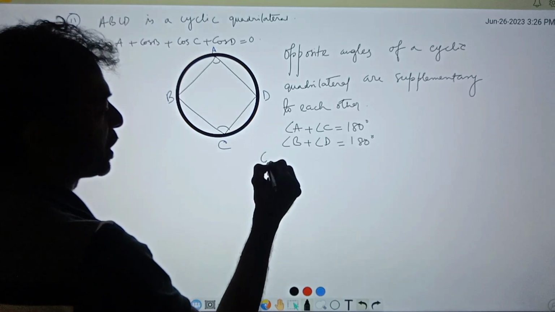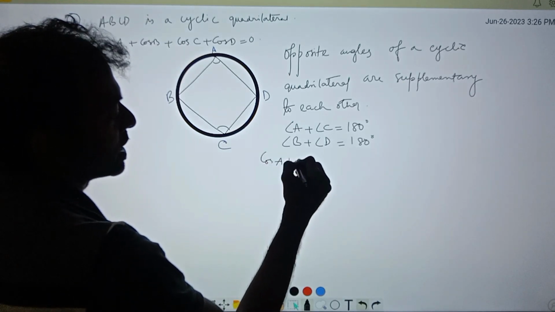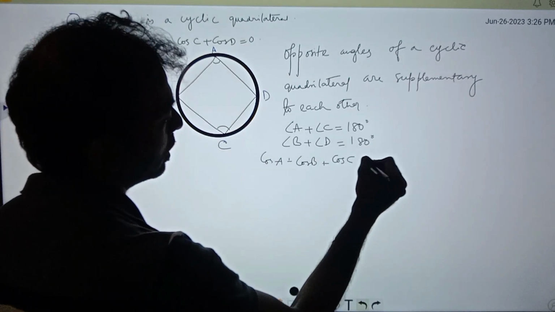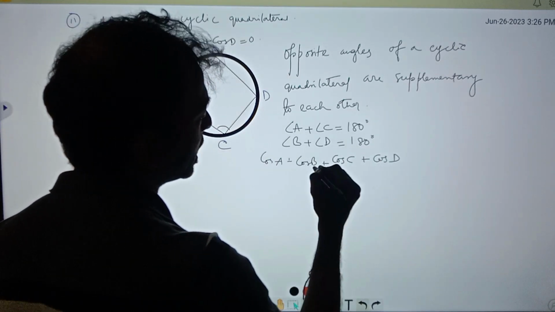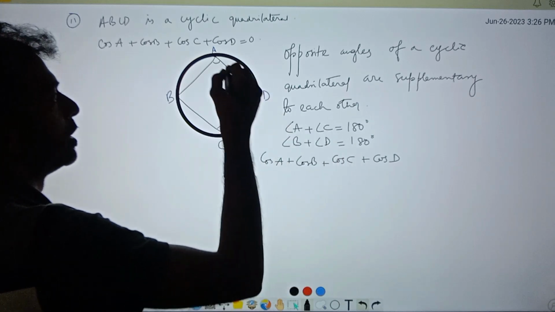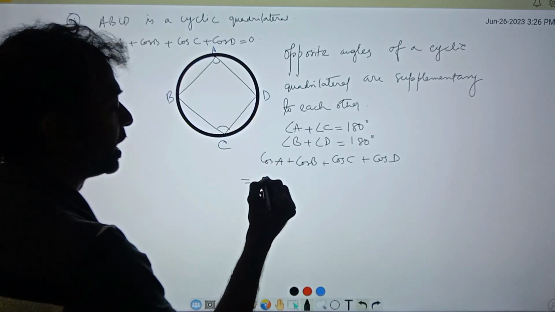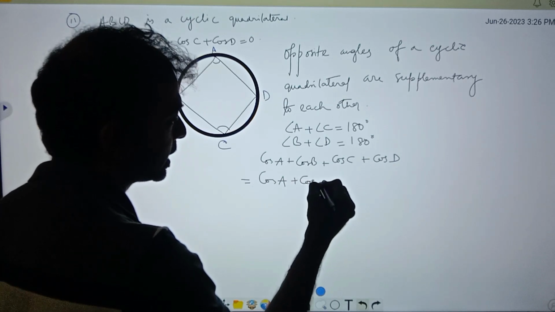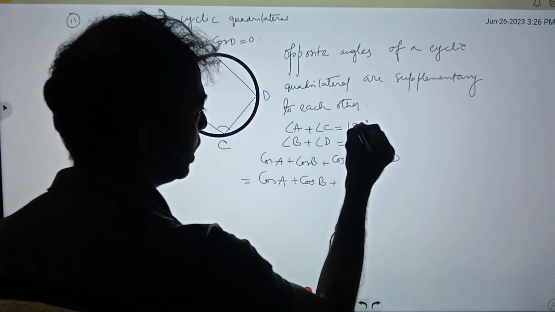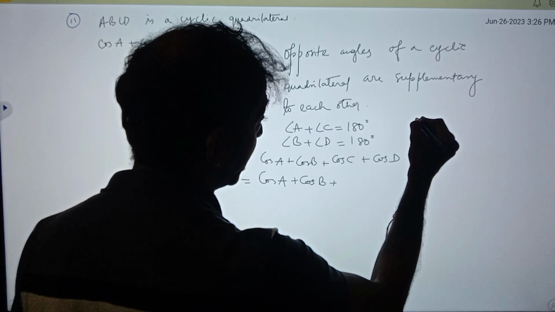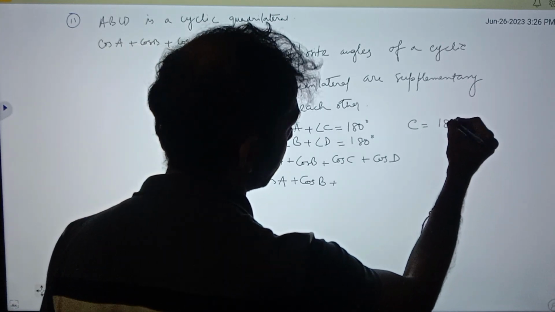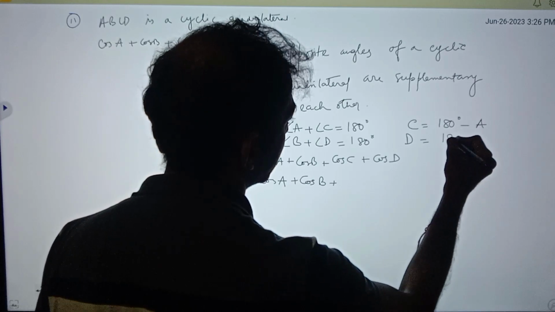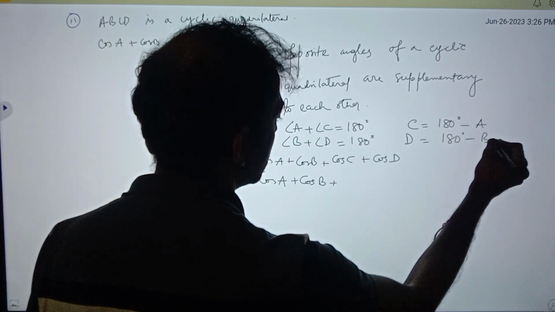Now the given expression is cos A plus cos B plus cos C plus cos D. We all know that A, B, C, D are the angles represented here, and you just need to substitute the value of C. C will be actually 180 degree minus A, and D will be actually 180 degree minus B, right?